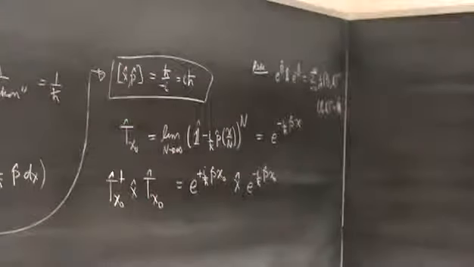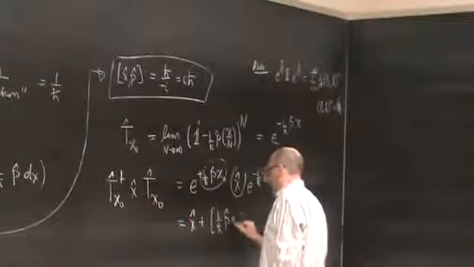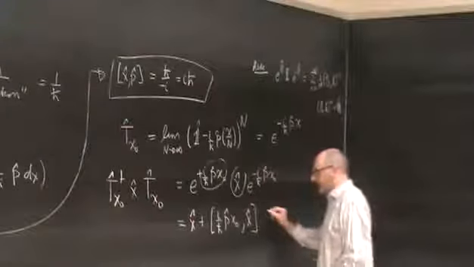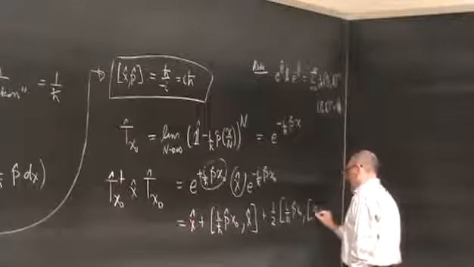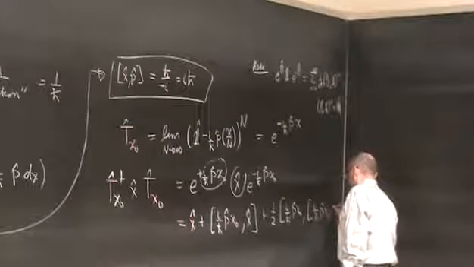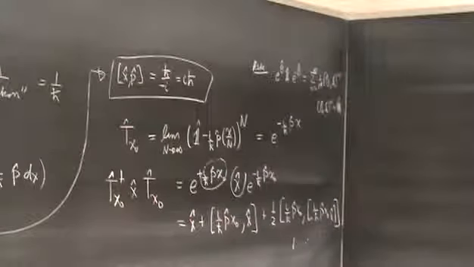And thus, this is equal to the first term, x, plus the 1 over 1 factorial, which is 1, times the commutator of this with this, plus the next term, a half times the commutator of this with that again, and so on.